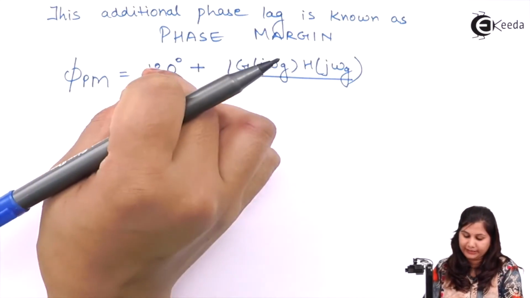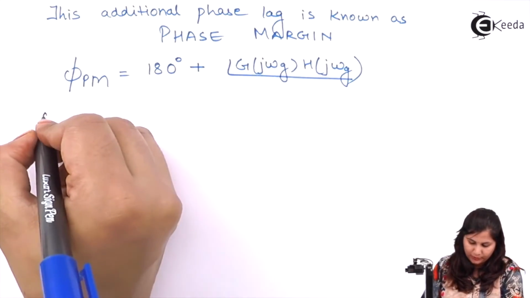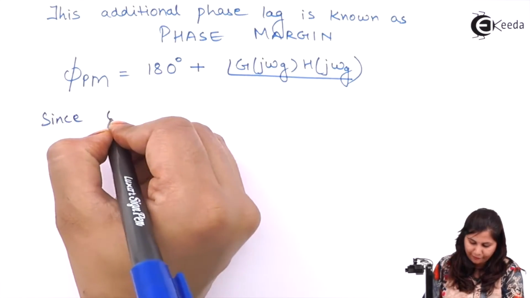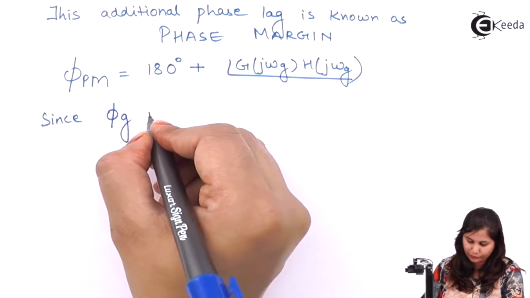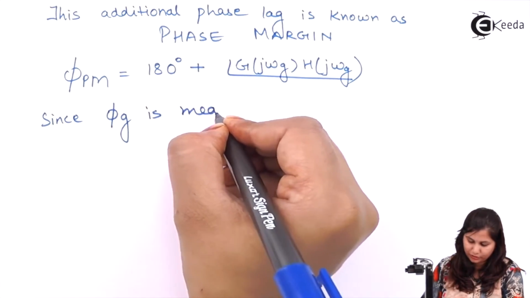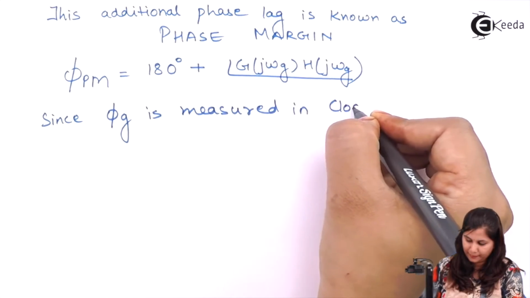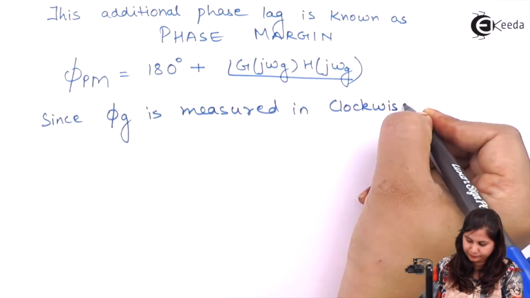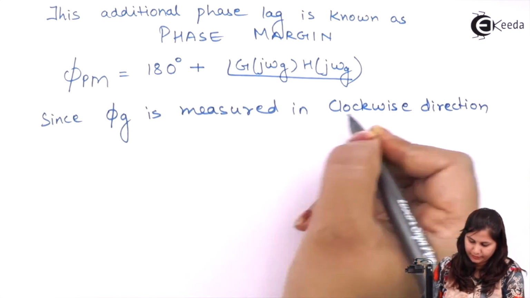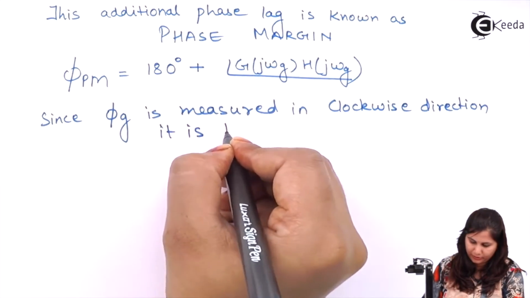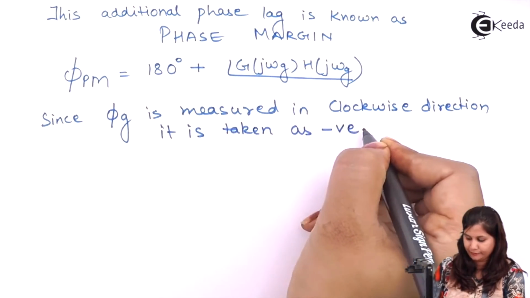Now since this phi g, that is the phase angle at the gain crossover frequency, is measured in the clockwise direction, it is taken as negative.